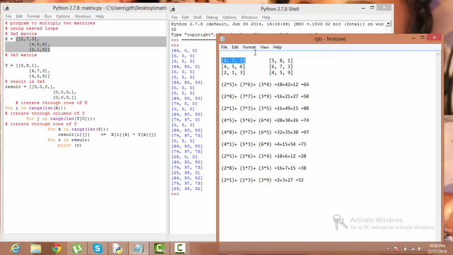So we see 2 multiplied by 8 plus 7 multiplied by 7 plus 3 multiplied by 5, supposed to be 5 here, and 3 times 5 is 15.